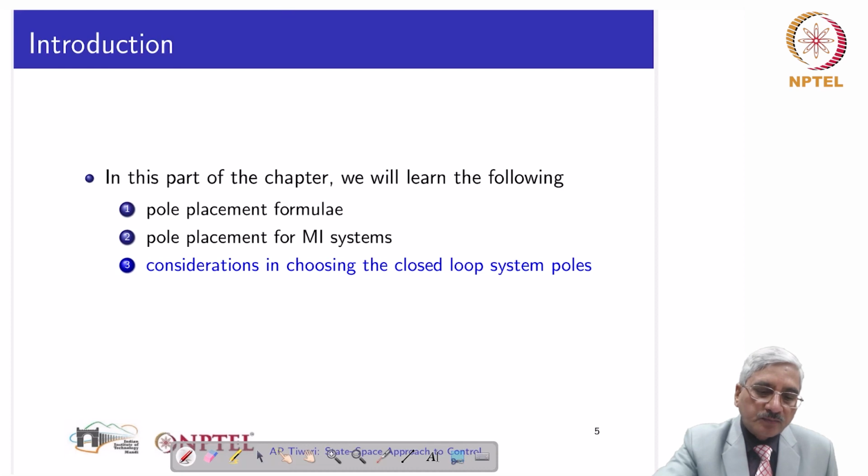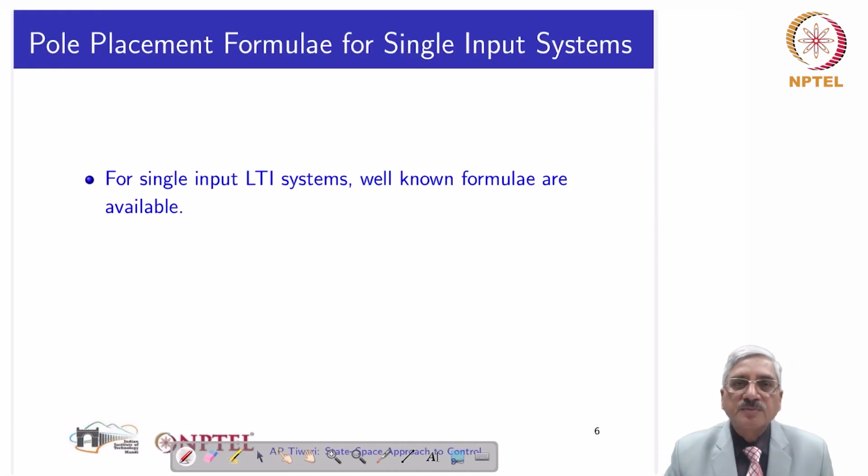Well, so we come to the pole placement formula for the linear time invariant systems with single inputs. Of course, we required transformation to companion form, and that transformation involves a few steps, mathematical manipulations, which may sometimes look cumbersome, but that is necessary if we have to do pole placement using the companion form matrices.